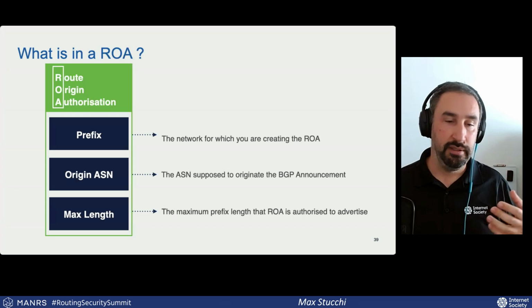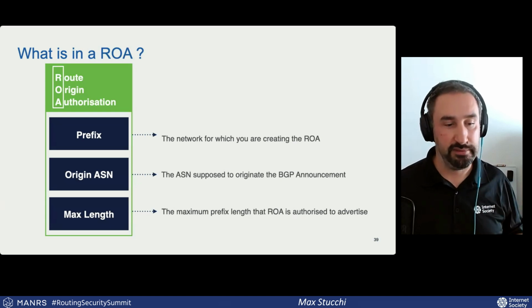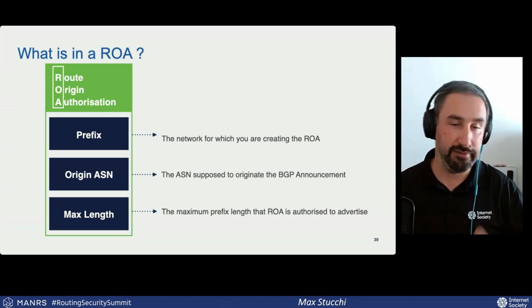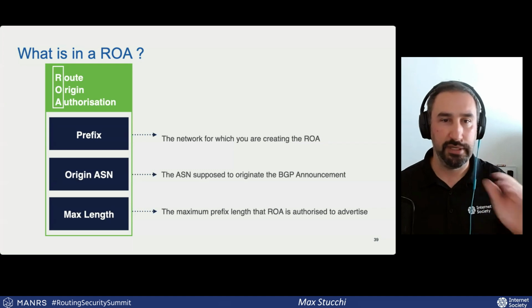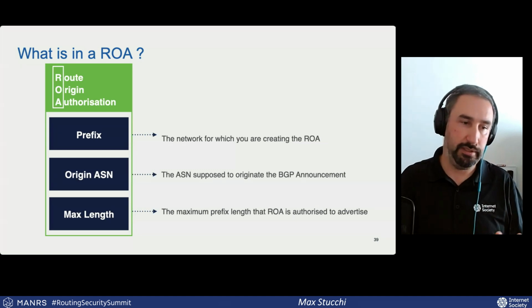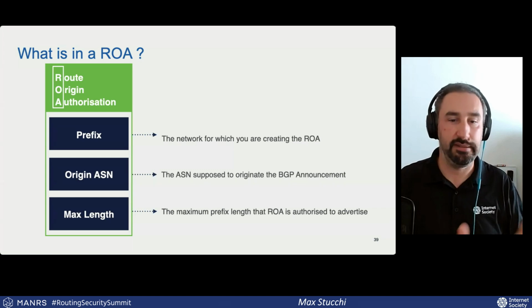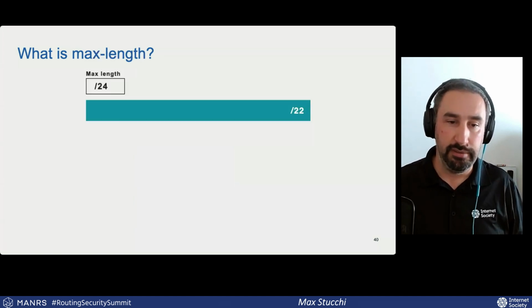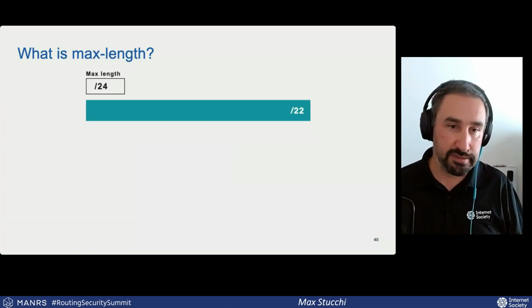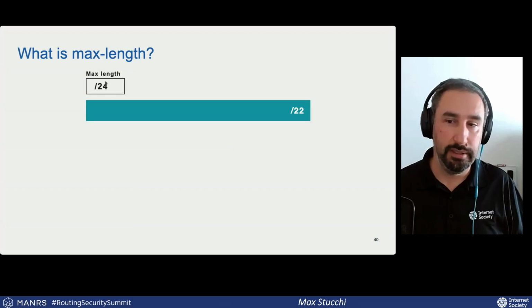So you can have a prefix that is a /22, but then have max length, say, up to /24. So everything between a /22 and a /24 in that address space is allowed, for example. So this is an example. We have a prefix with a /22, but max length /24.